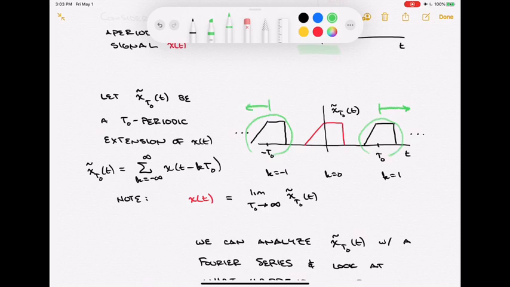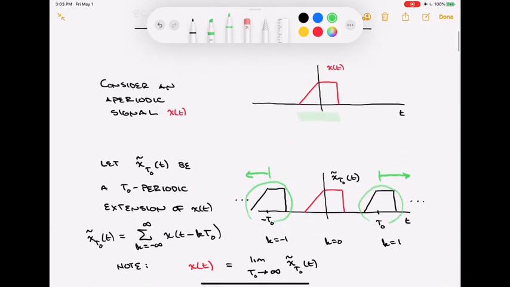We're pushing them out as t naught goes to infinity, so they go flying off to the right. And as they go farther and farther away from the original, the original is the only thing that is left. And so as that period t naught goes out to infinity, we would not see a difference between those two plots. They would look equal. These guys are equal if we let t naught go to infinity.